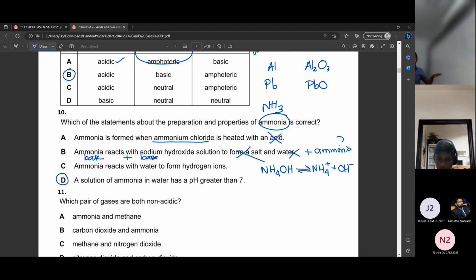Sometimes you may be lucky to find a clear, correct statement. Don't get distracted by the tricky statements. Now, this is very clear: a solution of ammonia is a base, with pH greater than 7. Then we are pretty sure that the answer is correct. So we save a lot of time.